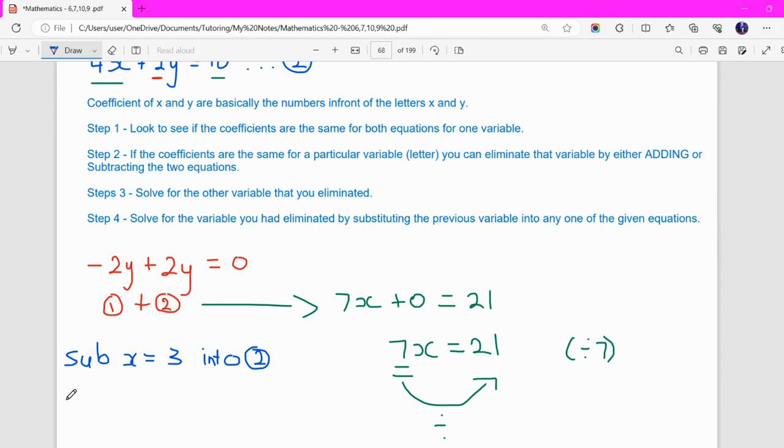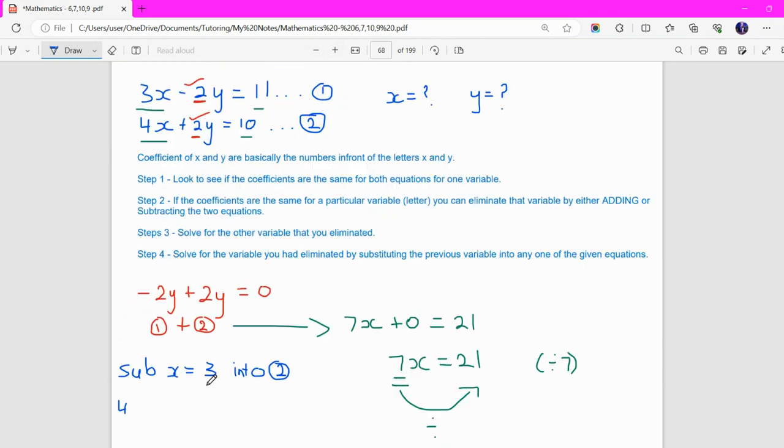So wherever we see x, we replace it with the number 3. So we have 4 multiplied by 3 plus 2y, and that is equal to 10. Right?